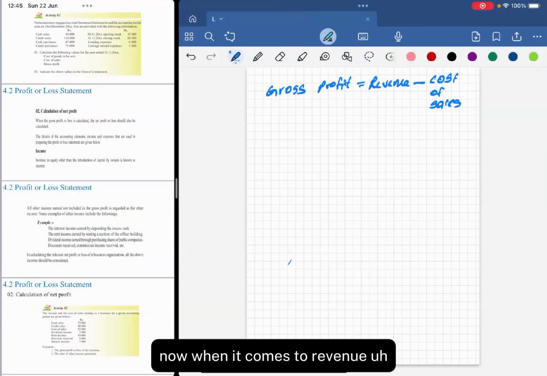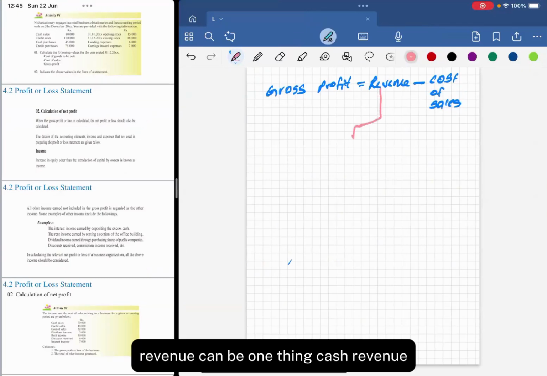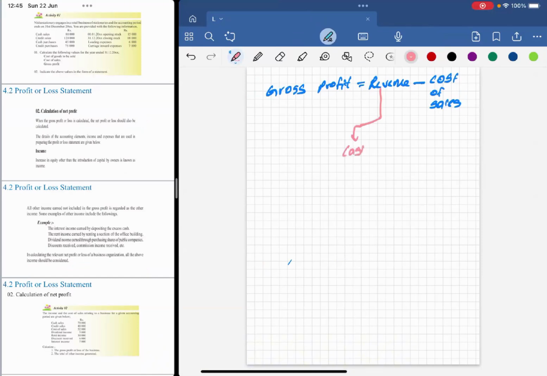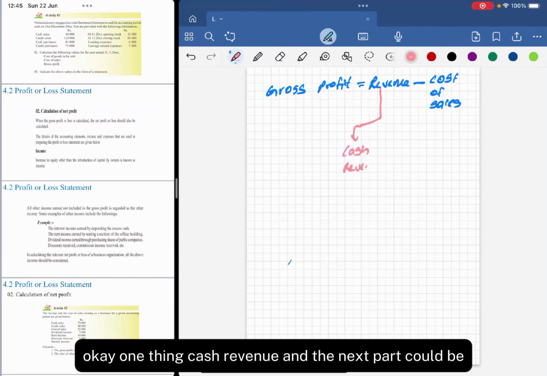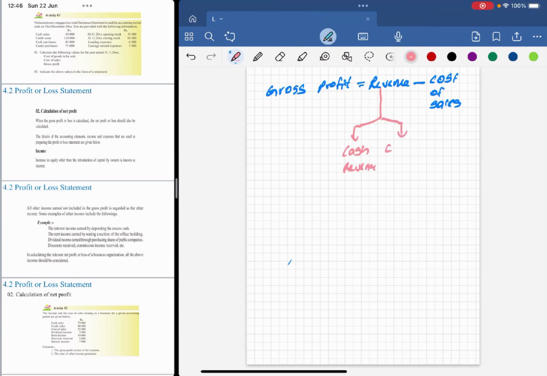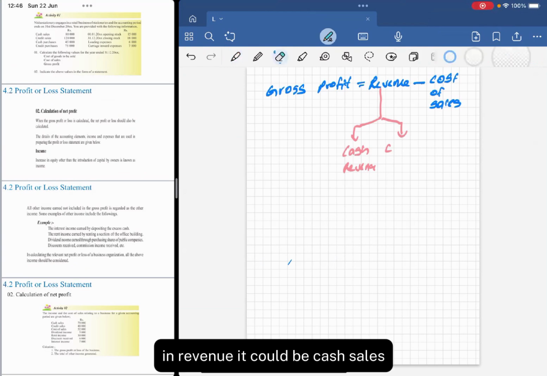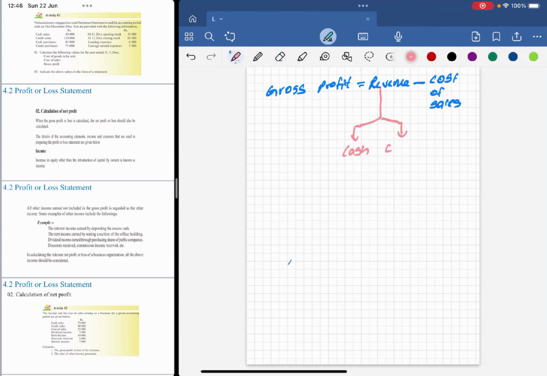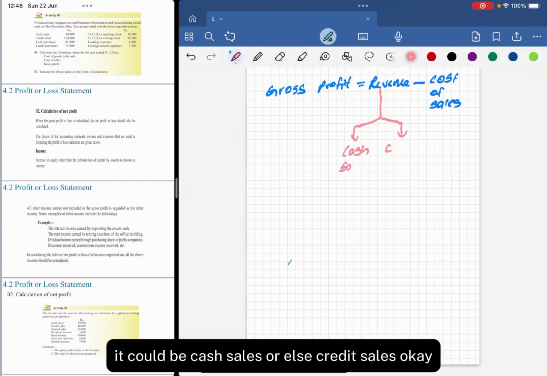Now when it comes to revenue, there are two items in it. Revenue can be cash sales, or credit sales.